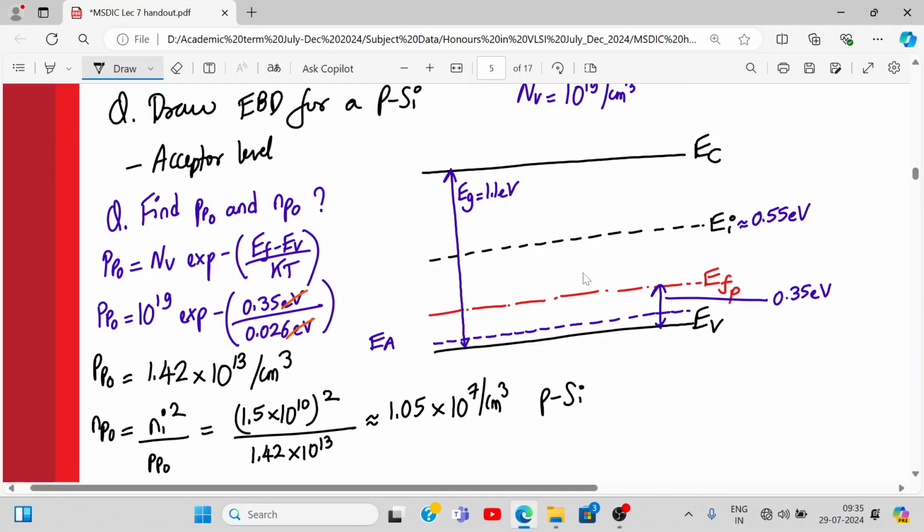Is it 1.05 only? Okay, fine. You have the calculator, so you know the answers.